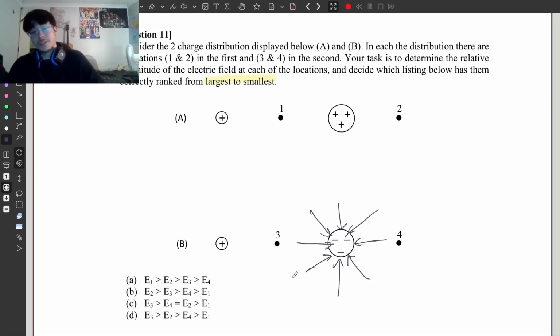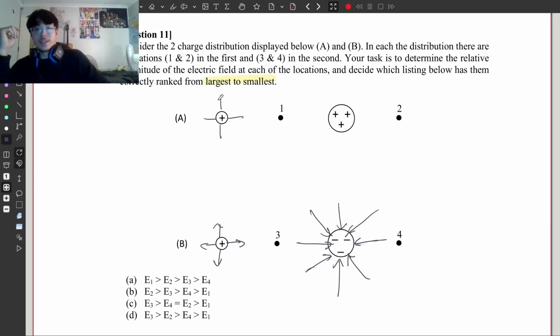And because it's a positive charge, unlike charges attract, so the positive charge will be drawn towards a negative. So using that logic, the positive charge must have electric field lines going out.